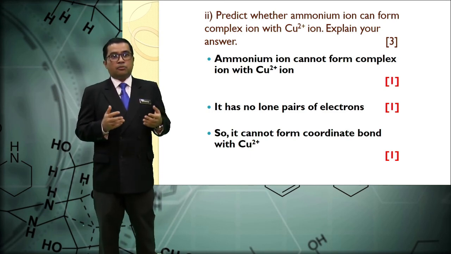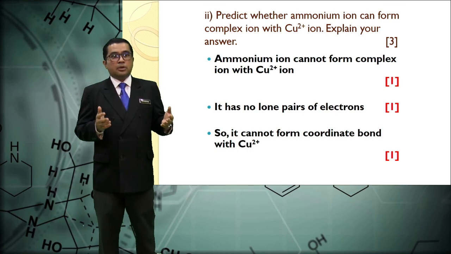So why can the ammonium ion not form a complex ion with copper 2+ ion? Because it has no lone pair of electrons. The ammonium ion has already achieved its octet configuration or octet stability, so it has no more lone pairs of electrons.